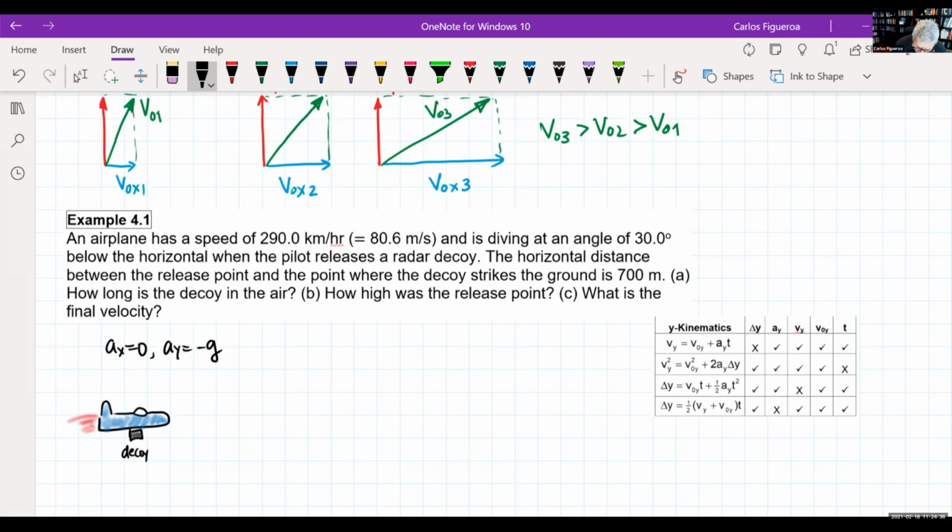For right now, I'm going to assume that the acceleration is 0. If the plane is moving at 80.6 meters per second, how fast is the decoy moving? It has to be 80.6 meters per second too.